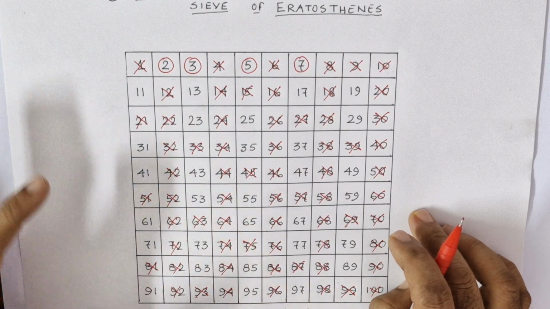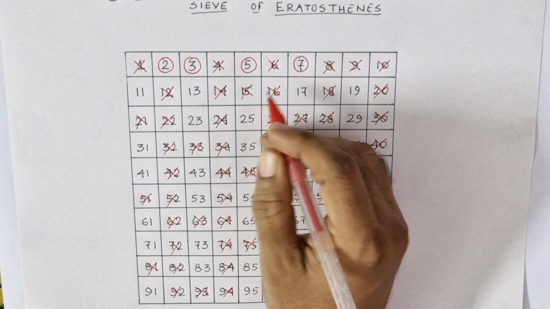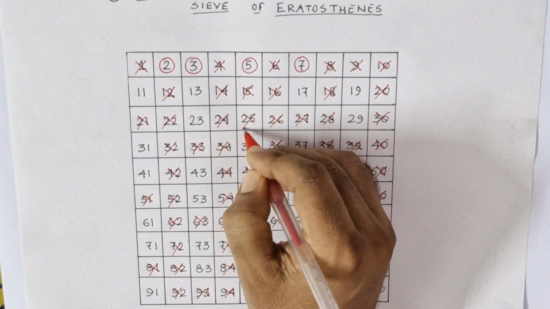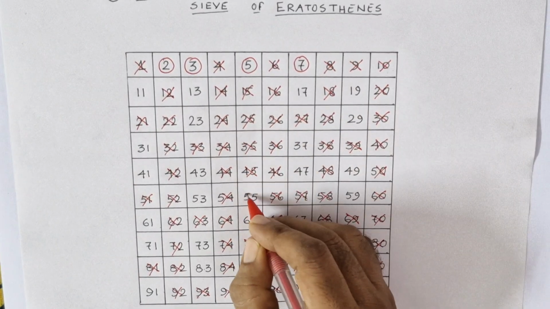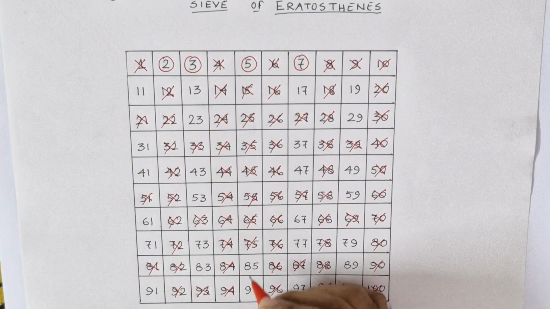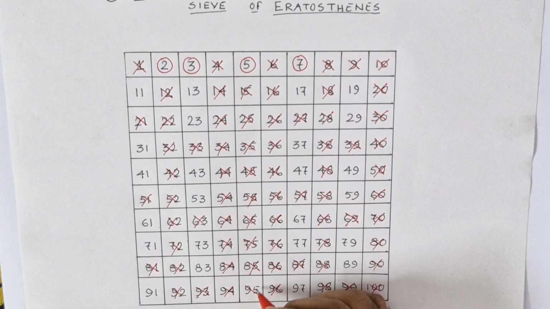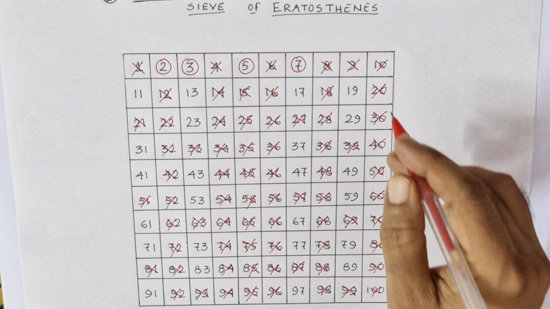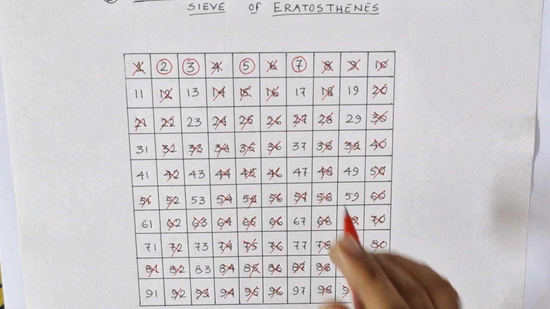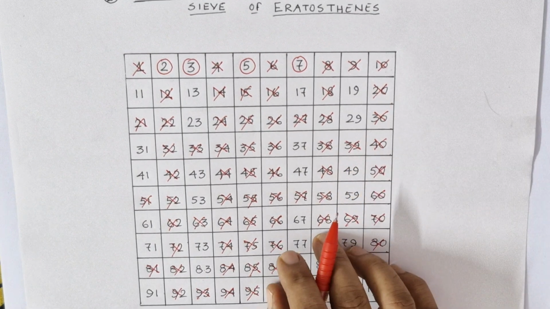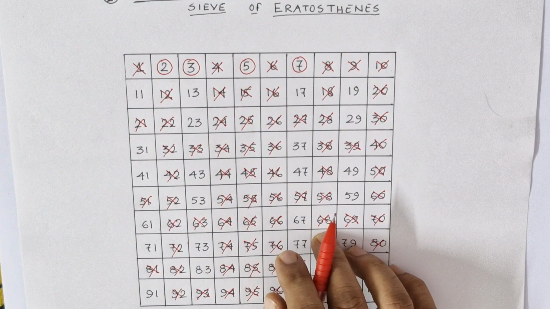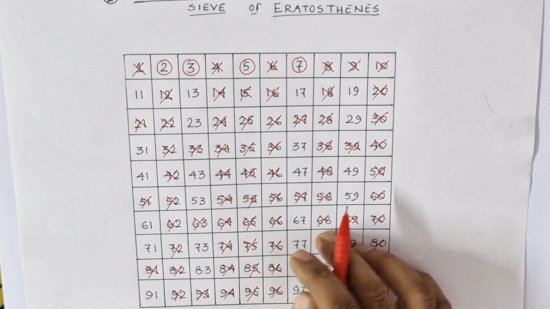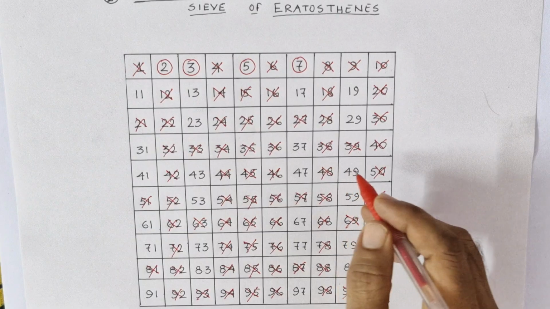Next comes 5, right? So let us cross out all the multiples of 5. Got it? Let's see. Anything remains? No, gone. Okay. So now what you need to do? Can you see anything which is a multiple of 7? Let's see.